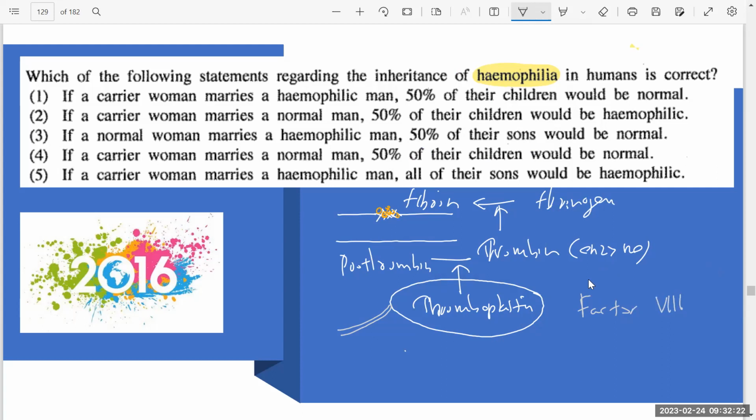This is for hemophilia A. The common form is hemophilia A. So they are unable to produce factor 8. What is factor 8? Factor 8 is a protein. The protein is required for blood clotting.